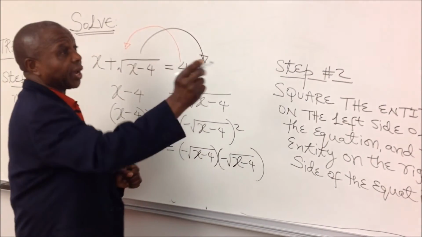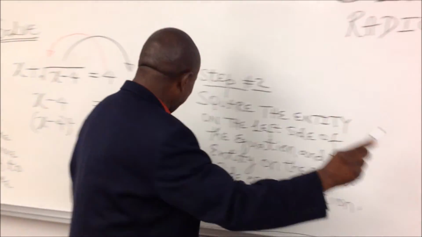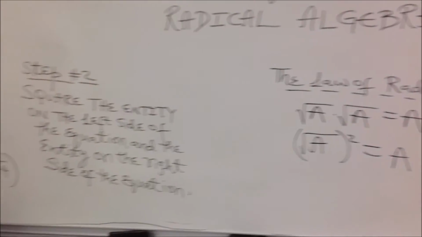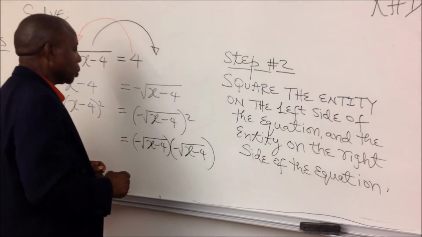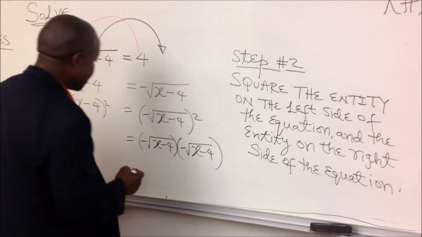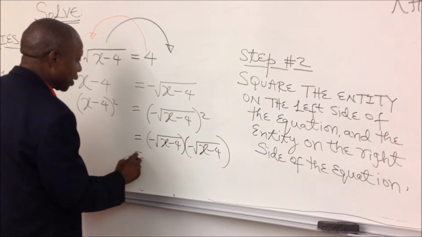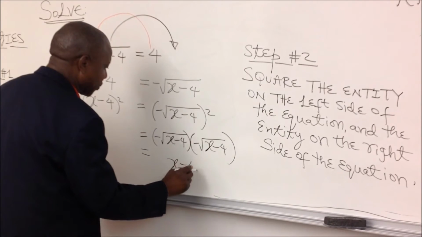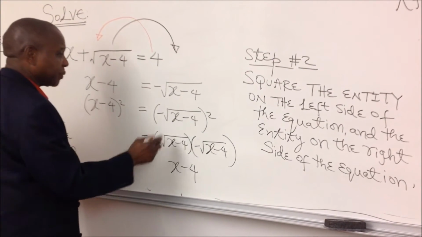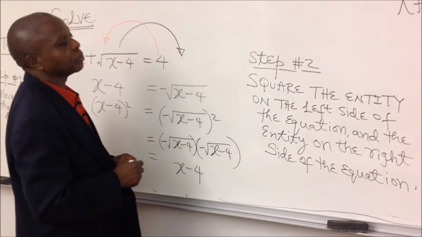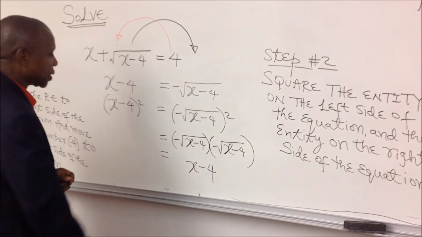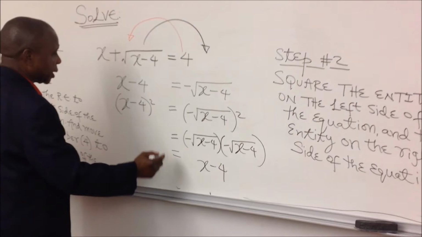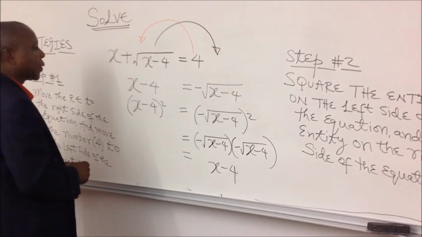In this case, our a in this problem is x minus 4. So therefore, we are going to obtain what? X minus 4. Since negative times negative is positive. So we now have on our right side of this equation x minus 4.